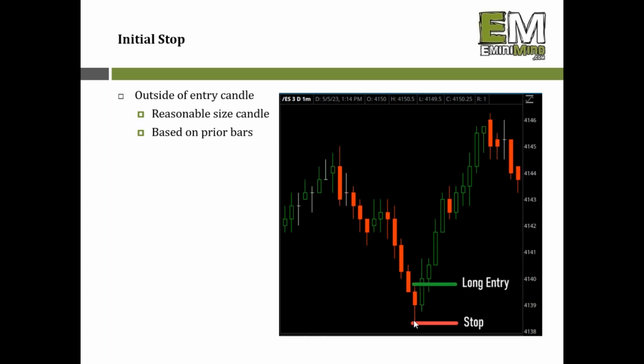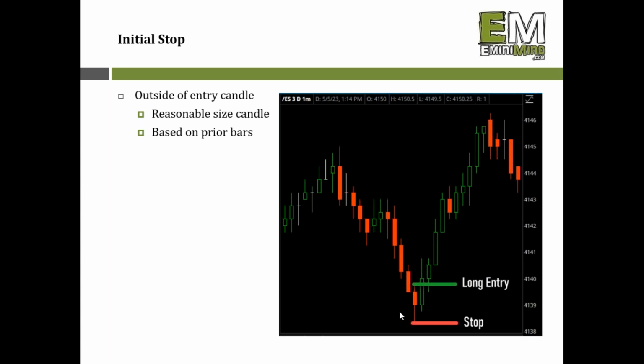Your entry is one tick above, your stop is one tick below the candle, and now you have a 6 point stop. That's getting a little big if all the candles preceding it are 2 or 3 points. So I like to keep my eye on the general range of the candles for the morning. And usually, a hammer might have a little bit longer tail, so it's a little longer bar.